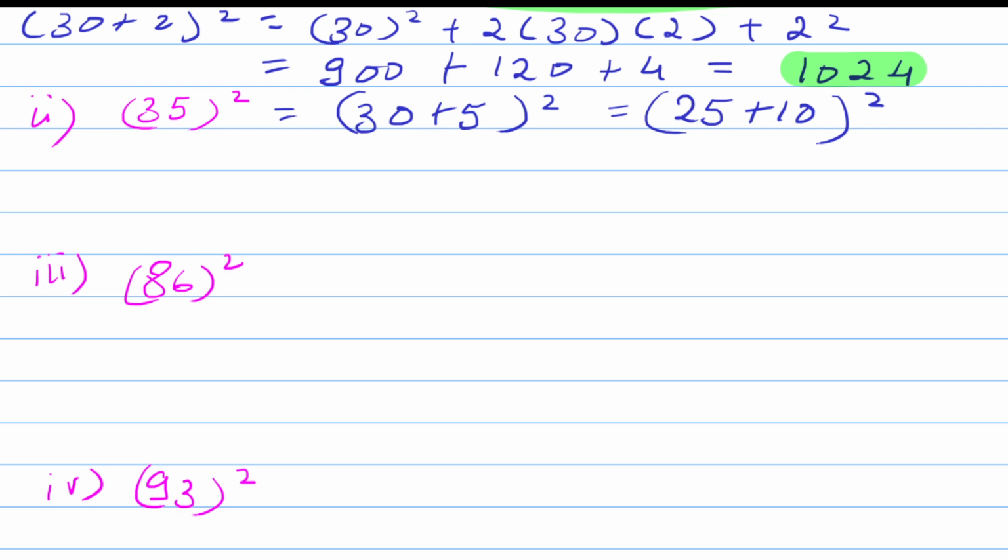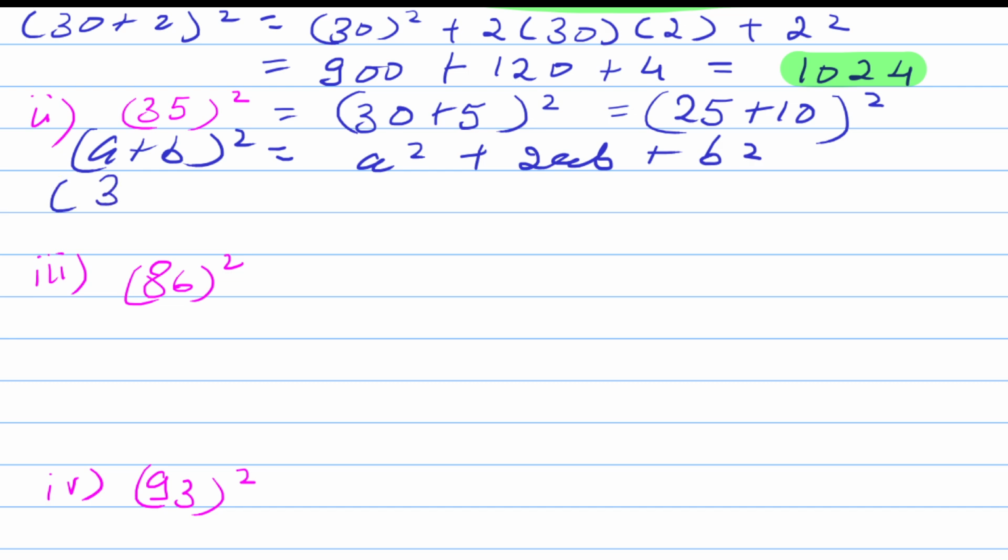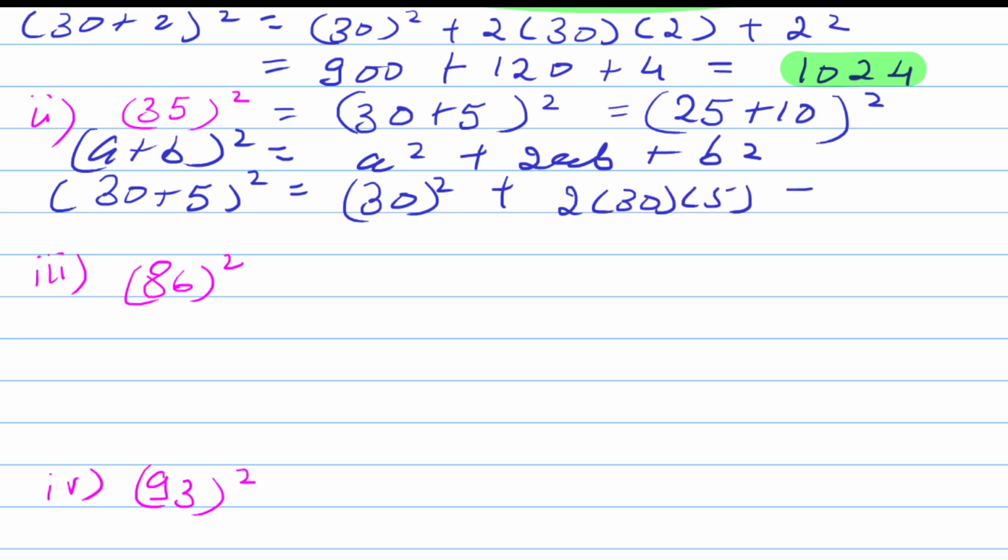Okay. What is the formula? a plus b whole square is equal to a square plus 2ab plus b square. We will substitute the numbers. 30 plus 5 whole square is equal to 30 square plus 2 multiplied by 30 multiplied by 5 plus 5 square.